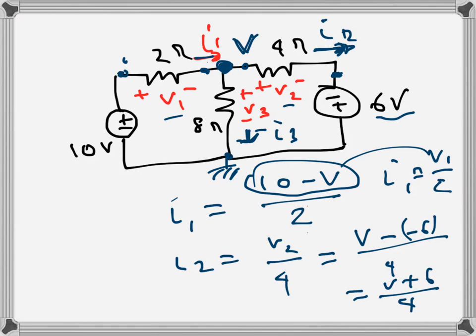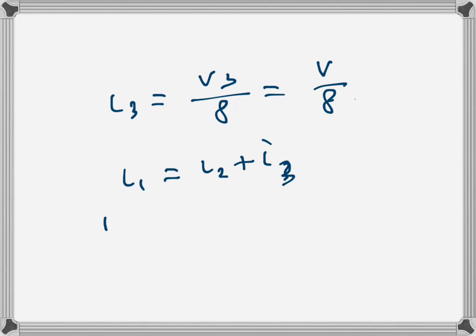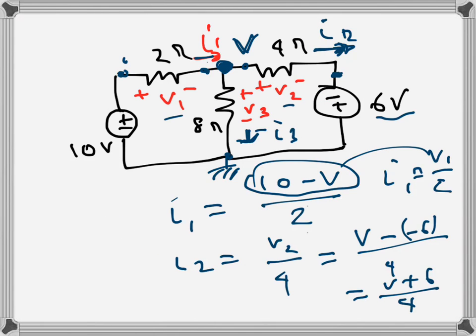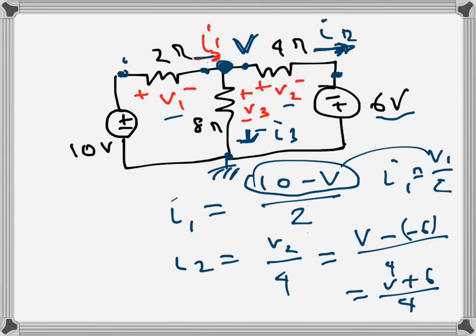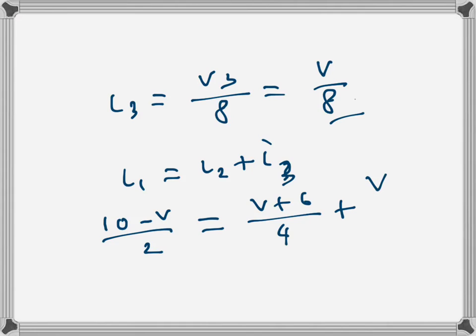So of course I1 is (10 minus V) over 2, and this is equal to I2, (V plus 6) over 4, plus V over 8. So these are the currents.